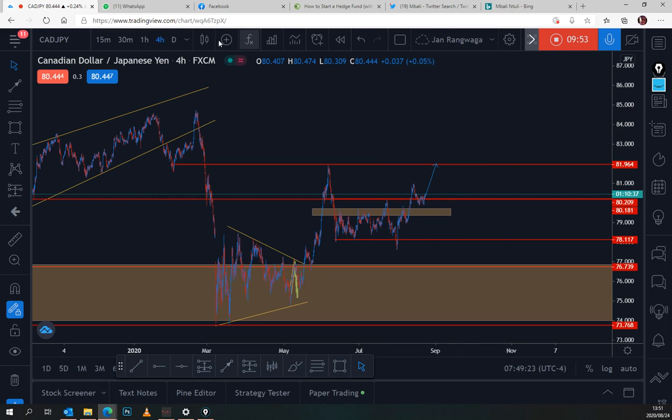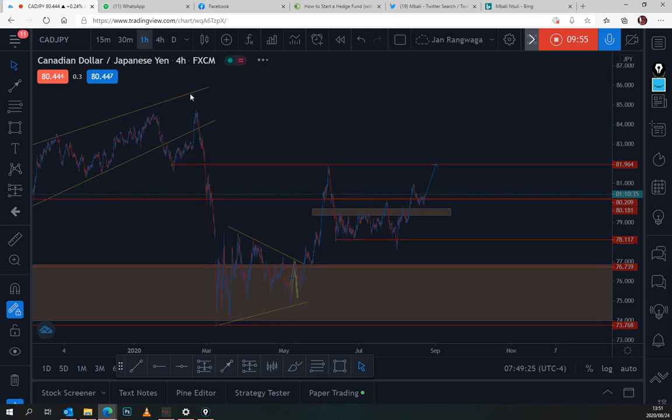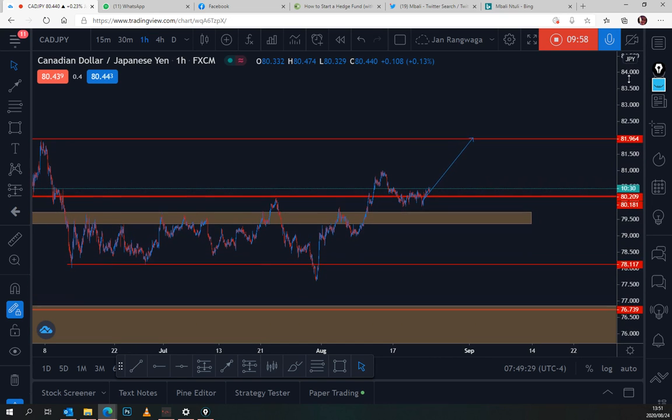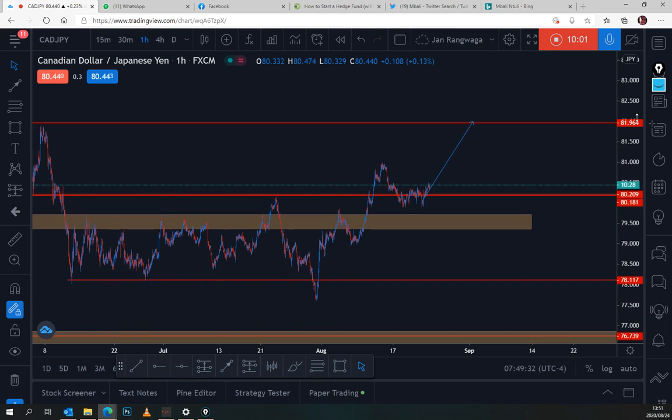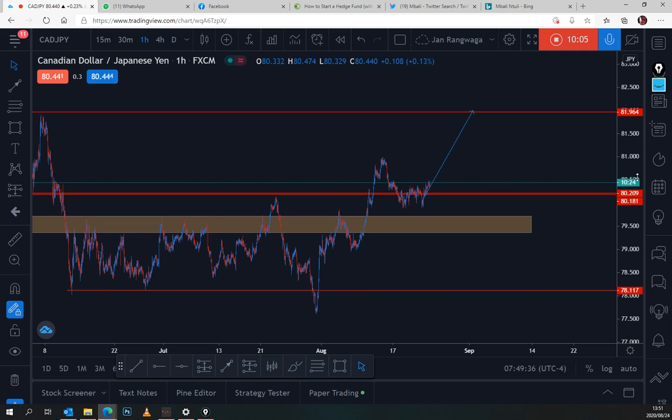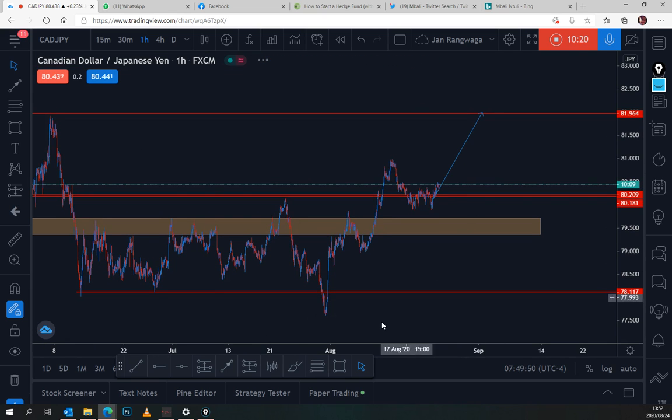Let's now go to an hour. What we are looking for are perfect entries. We are seeing a breakout here from this consolidation.